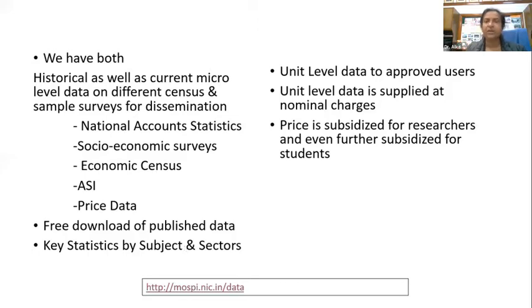Now, similarly, on this MOSPI website, a large variety of data is there. And once you want to dig out the previous data, you need to make a user ID, that is, a login ID and password, and you can customize data as per your own need also. For example, earlier the constant base year was 2004-5. Now it is 2011-12.